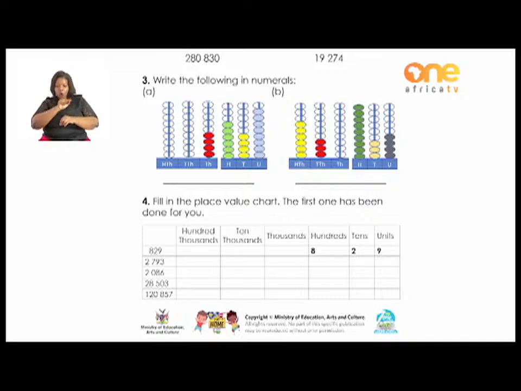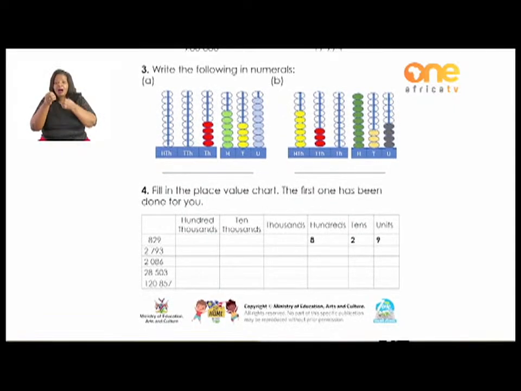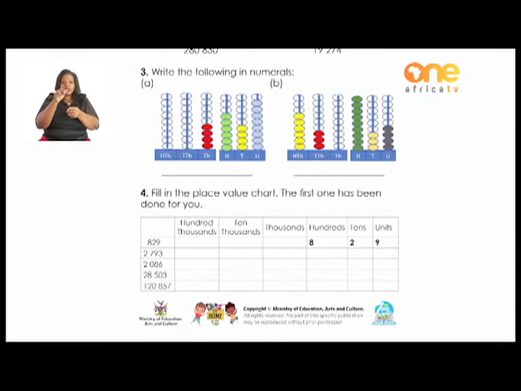You can use a pencil first and then write them on the line nicely with a pen. You have to look at the unit, how many shaded circles are there. Then you write your digit as a unit. You go to the tens and so on and so on. I think that's also easy.